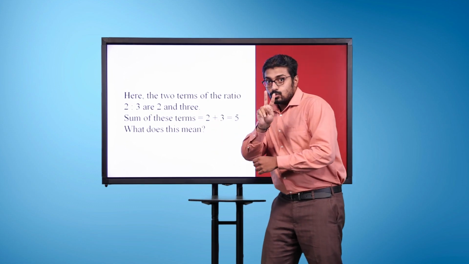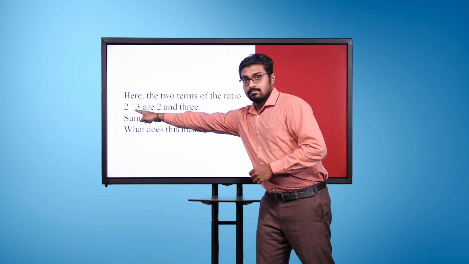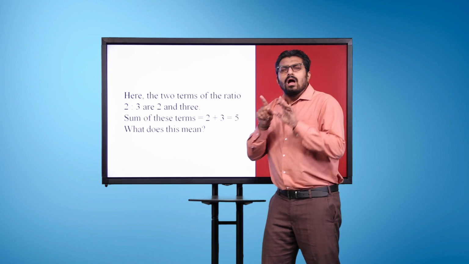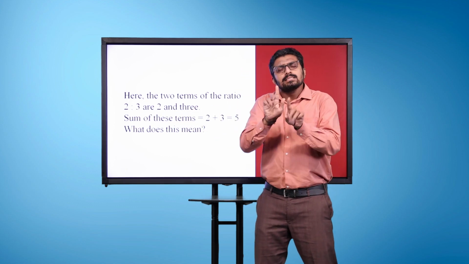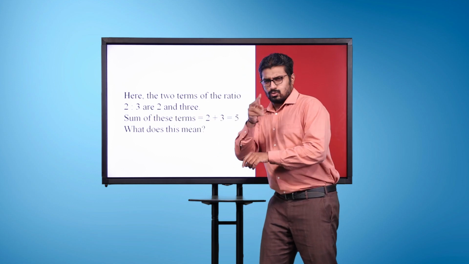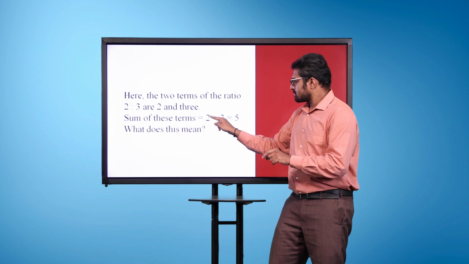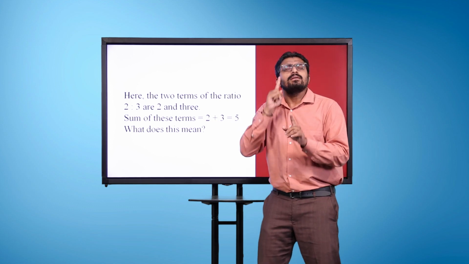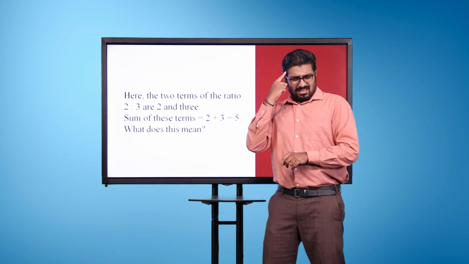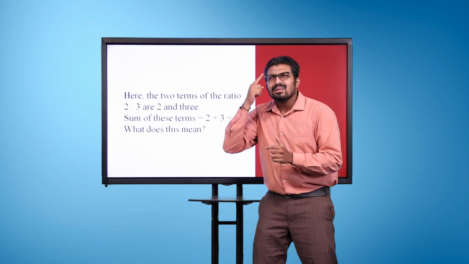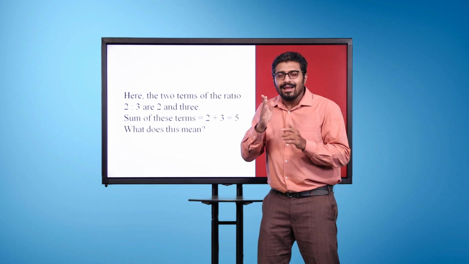Here, the two terms of the ratio 2:3 are 2 and 3. Sum of these terms is equal to 2 plus 3 equal to 5. What does this mean?